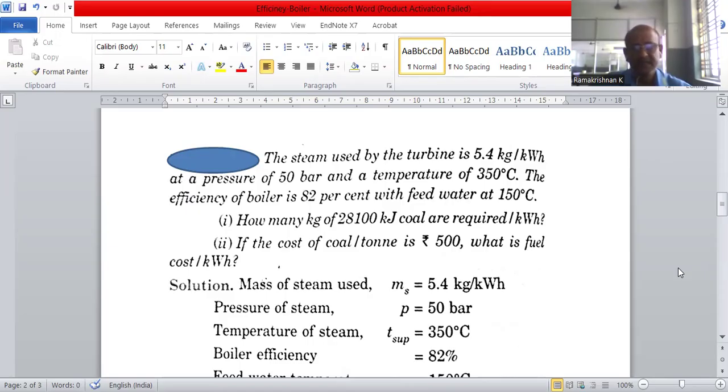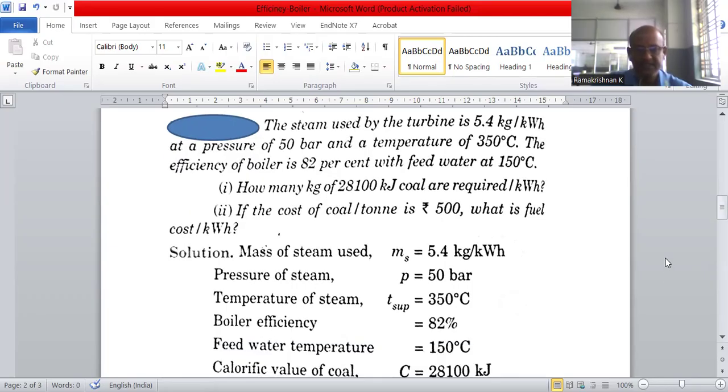We are dealing with the boiler efficiency. Here the steam condition is given. The mass of the steam used, ms, is 5.4 kg per kilowatt hour; for 1 unit of power, 5.4 kg is consumed. The steam pressure at the turbine inlet is 50 bar and the temperature is 350 degrees Celsius, that is, superheated.